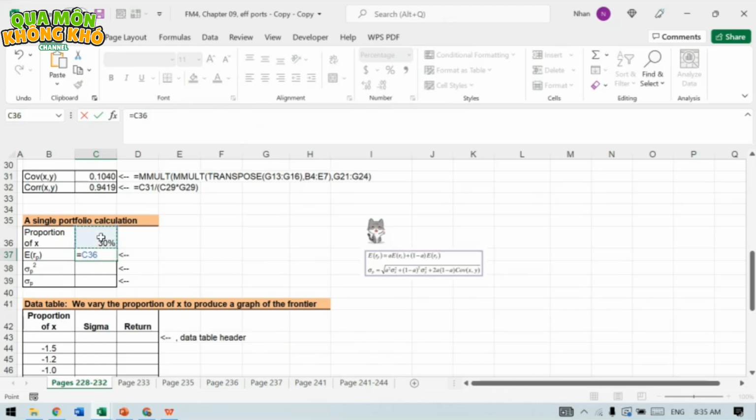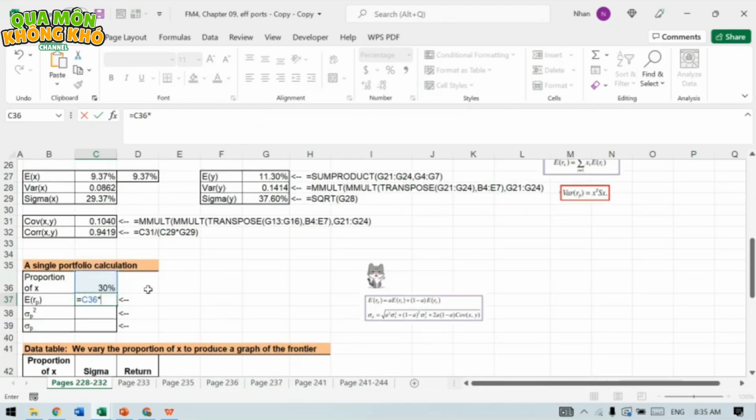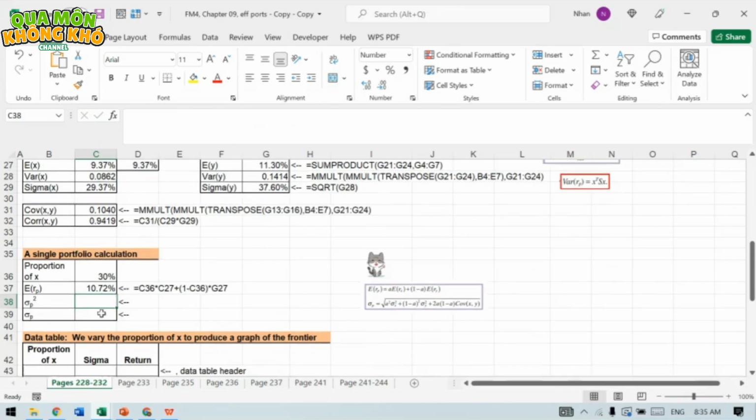I have A here multiplied by the expected return of X, plus the proportion of portfolio Y multiplied by the expected return of portfolio Y. So I have the expected return of portfolio P here.